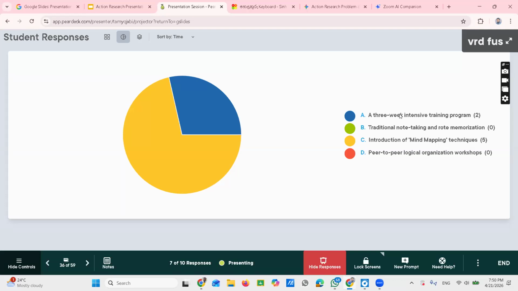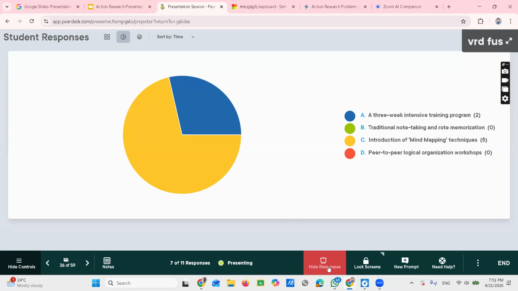Right? Therefore, the answer should be C. You can change the answer here, those who marked the blue color one. Two of you marked the blue color one. Right, two answers from the chat box giving the same answer: introduction of mind mapping technique.